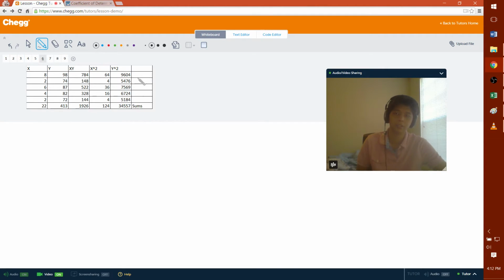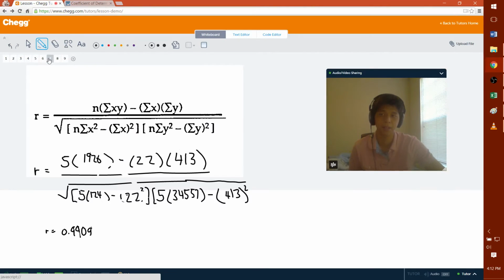And for the rest, you can just use formulas where you say, these values are this column times this column, these values are this column squared, and these values are this column squared, etc. So yeah, the summations at the bottom make the problem a lot easier. So now whenever you need something to plug into your R formula, your correlation coefficient formula, you can just refer to this table. So let's do that.